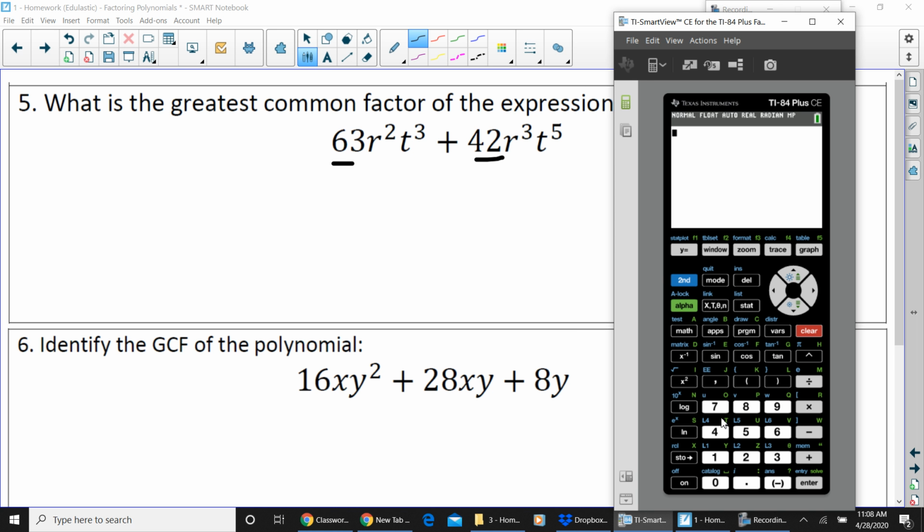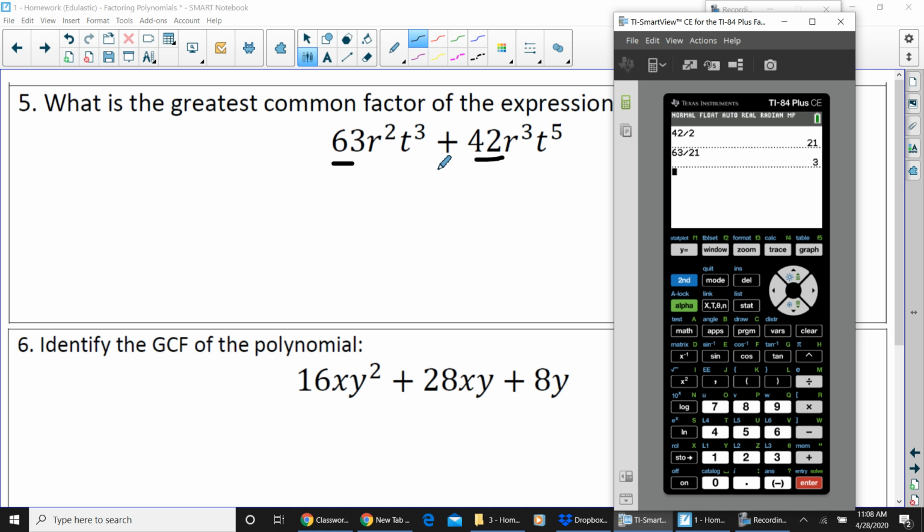I usually start with the 42. Does 42 go into 63? No. Then I would take half of 42, and half of 42, you could just go ahead and use your calculator. Half of 42 is 21. Does 21 go into 63? I'm going to figure it out right now using the calculator.